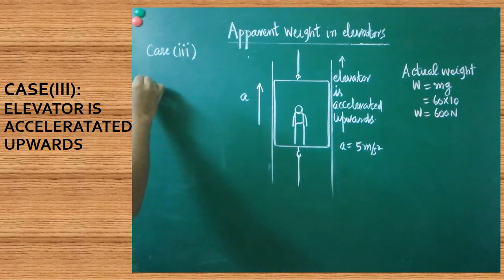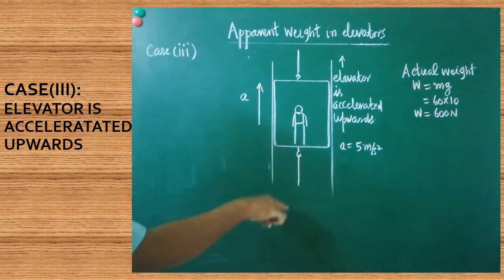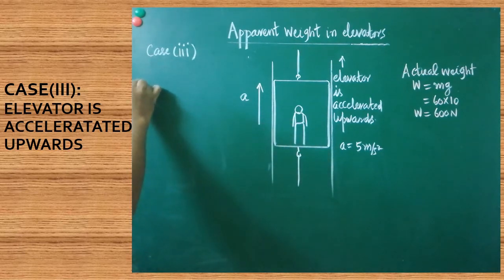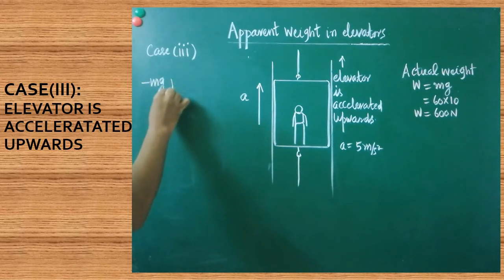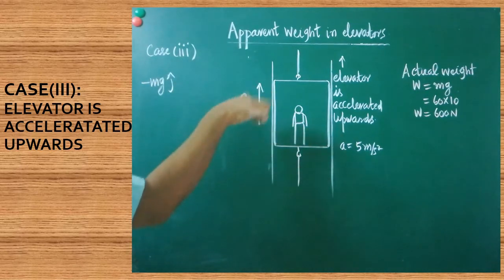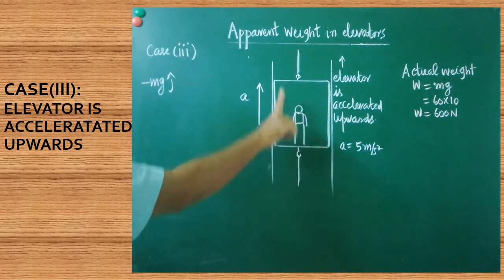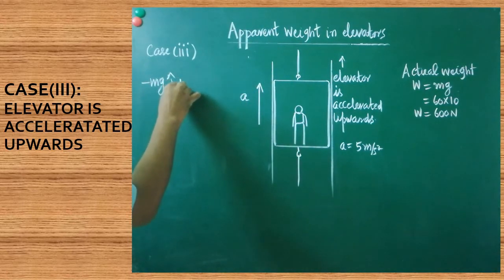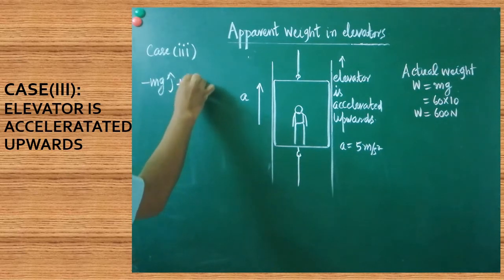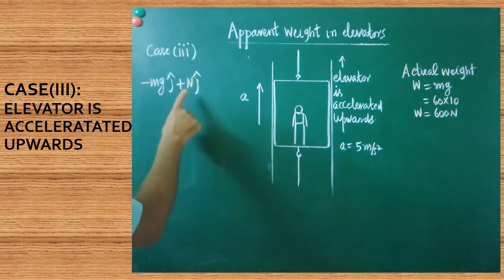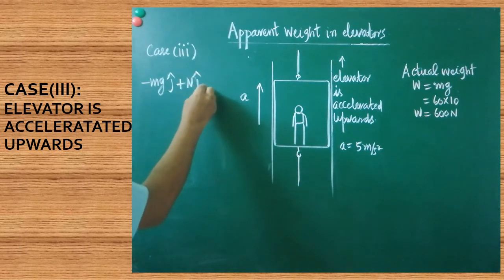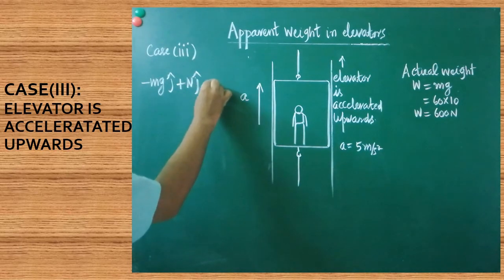Look at that. How to write? Again we have to apply Newton's second law. There is a gravitational force acting in the downward direction. Therefore it should be written as minus mg j cap, since it is acting in the negative y direction. And then normal reactional force, it is acting in the upward direction. Therefore n j cap must be written, since it is acting in the positive y direction. Now we have to write the net force.